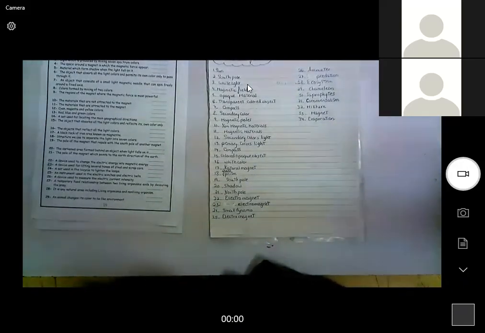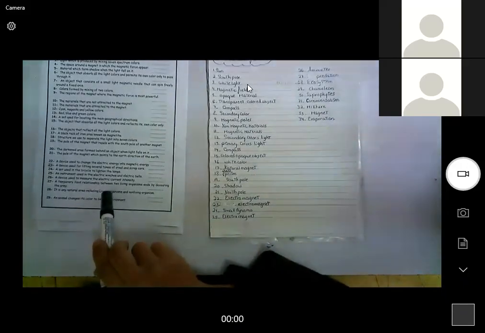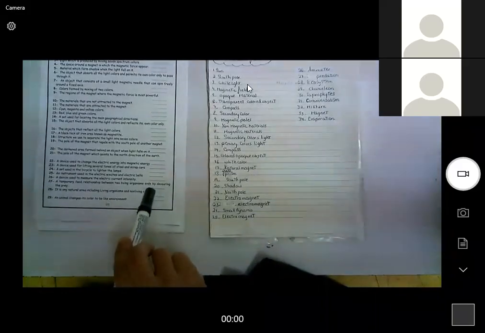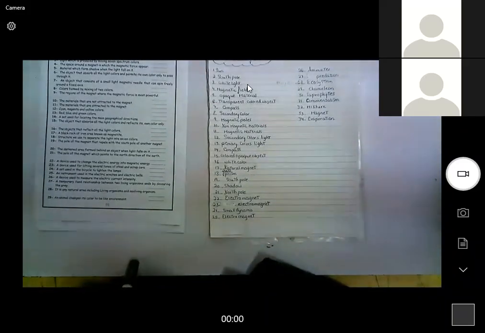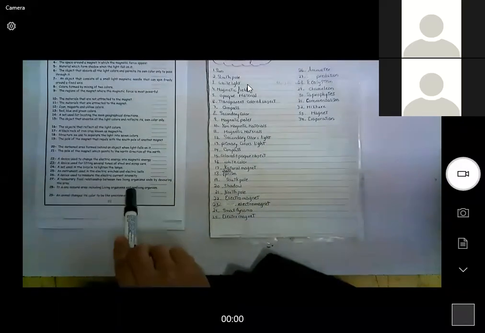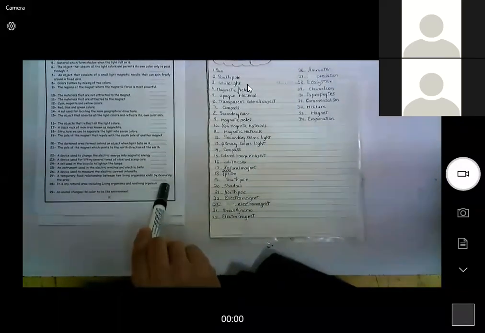Number 27, a temporary food relationship between two living organisms that ends by devouring the prey. Predation. The kind of food relationship that comes between two living organisms, where one of them kills the other, the prey.